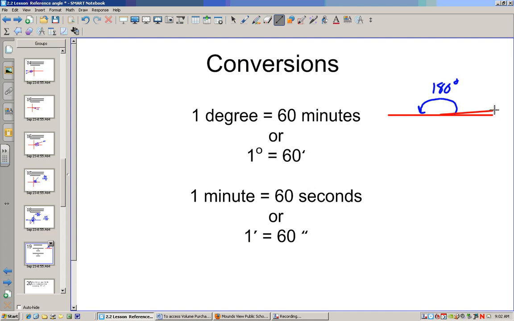Now, in this little section, we can cut that up into 60 small sections, and each of those small sections is going to be called a minute, also written like this. And each of those minutes can be divided into 60 seconds, which can be written like that. So there are much smaller units than degrees that we can use.